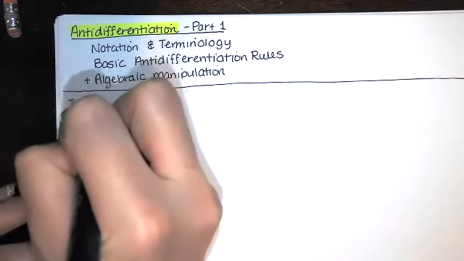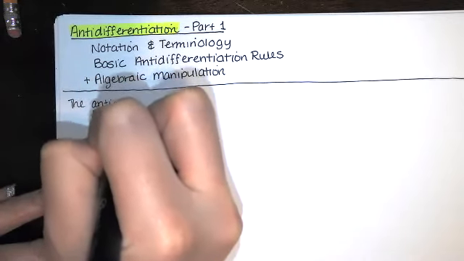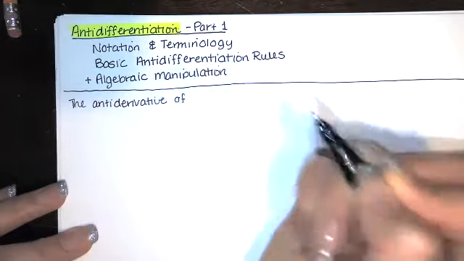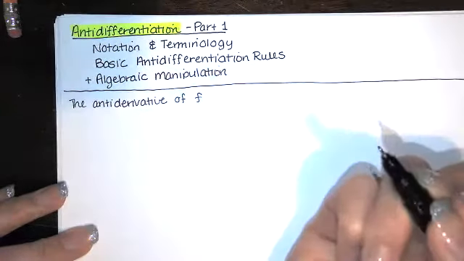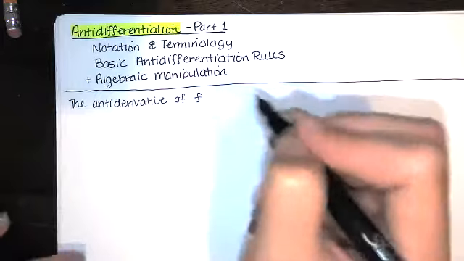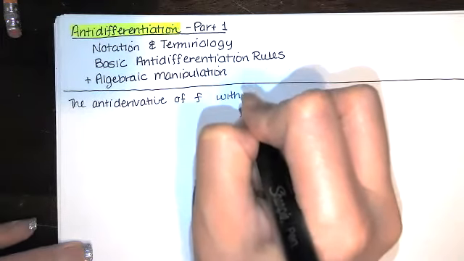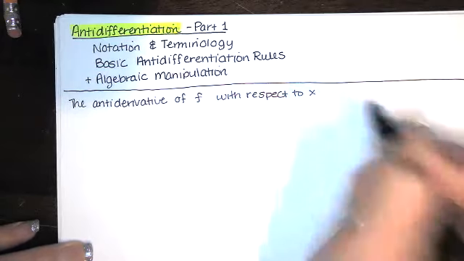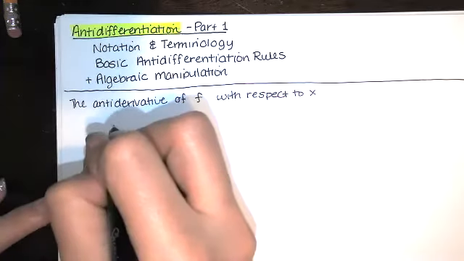So if I want the antiderivative of a function f with respect to x, it's notated this way.